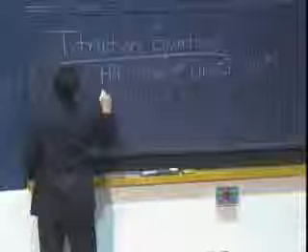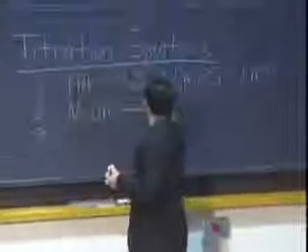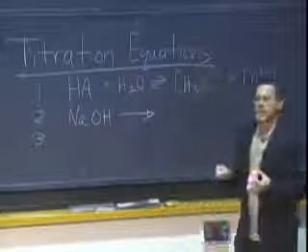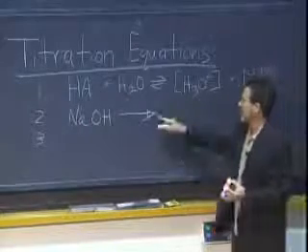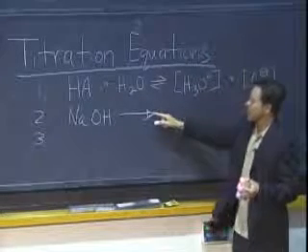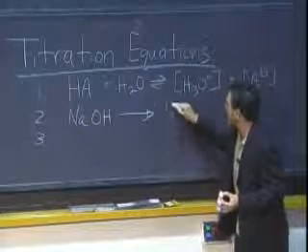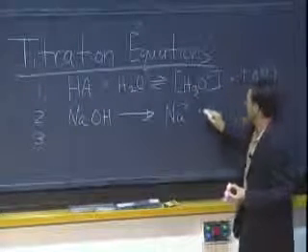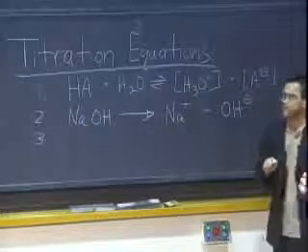We have a strong base, which is sodium hydroxide. And when you put sodium hydroxide in water, because it's a strong base, it ionizes completely, and I'm signifying that with a single forward arrow rather than with an equilibrium arrow. So this going into water is going to be Na+ and hydroxide OH-.